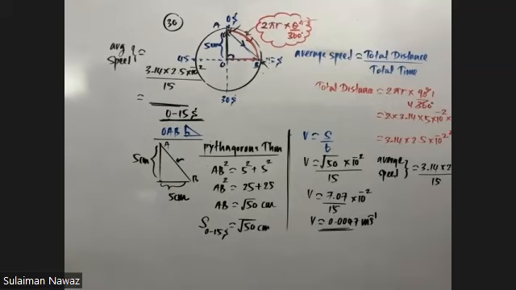One got 0.0157. Others? 0.52 centimeters per second. Any other answers? How many of you are still doing this question? Raise your hand.